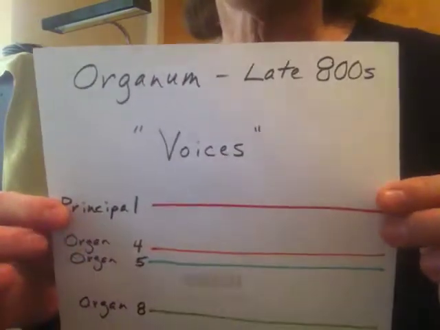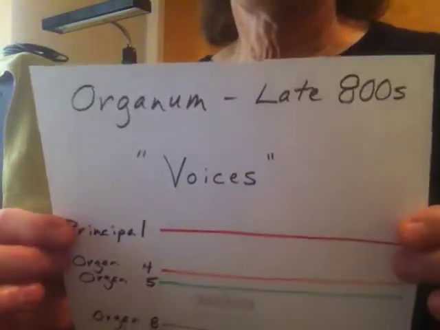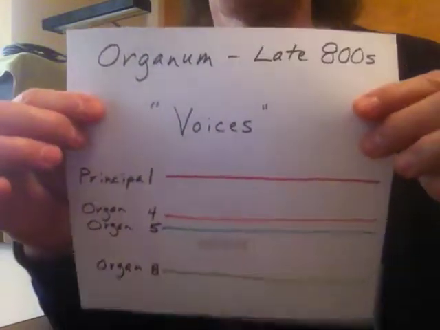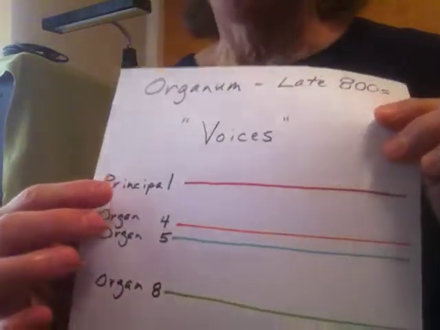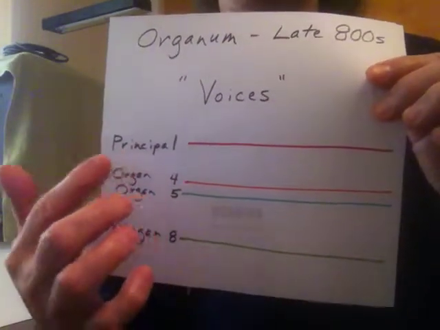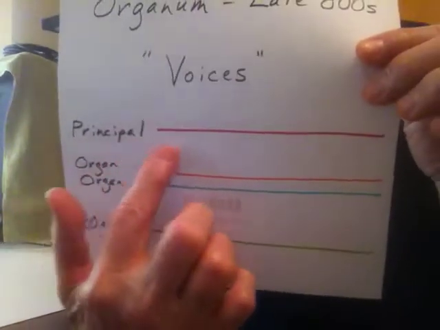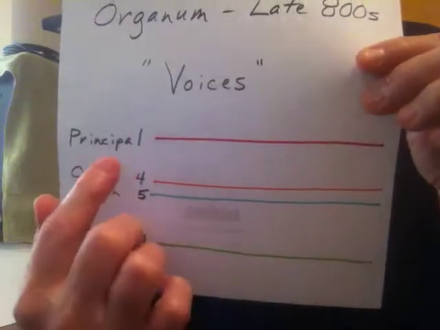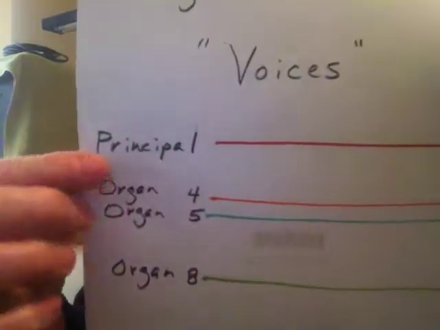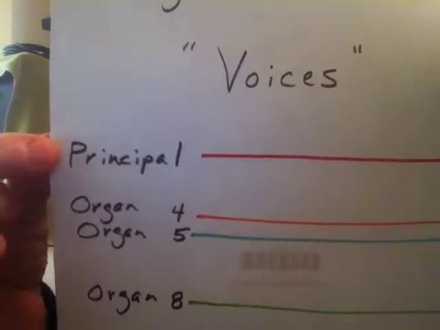Now, what happened was, in the late 800s, we're told in history books, somebody decided to sing a prominent melodic line, called the principal line. One or more people would sing the principal line, right?